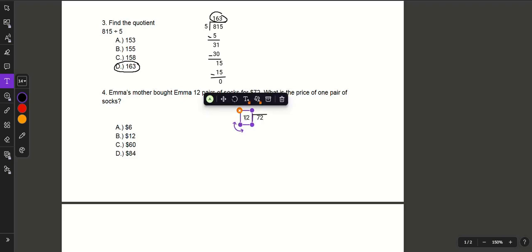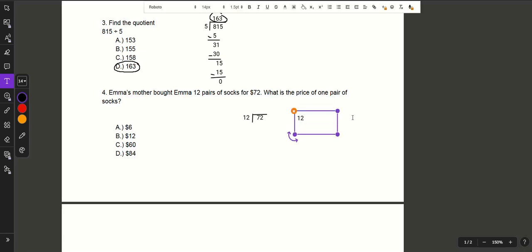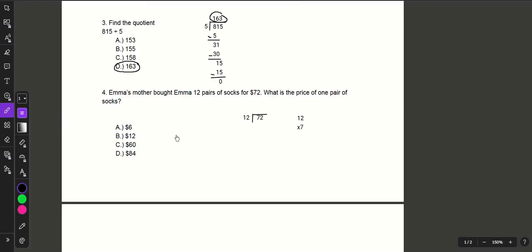So if you want to multiply 12 and get the closest thing to 72, what would it be? So most people maybe would say 7, so put next to it 12 times 7, and then you multiply that.